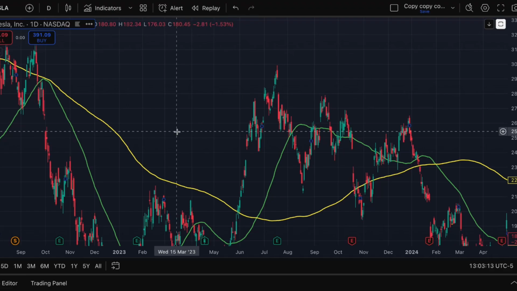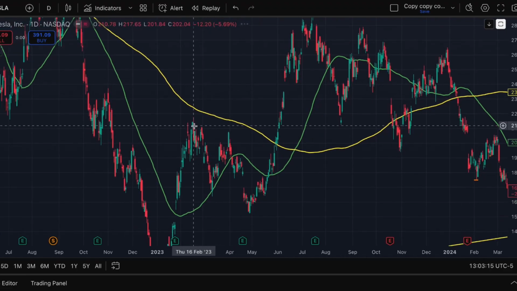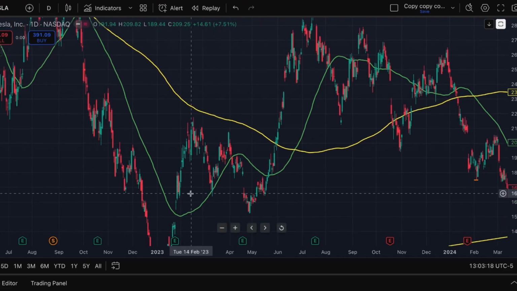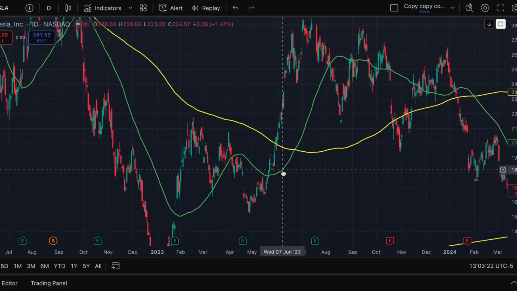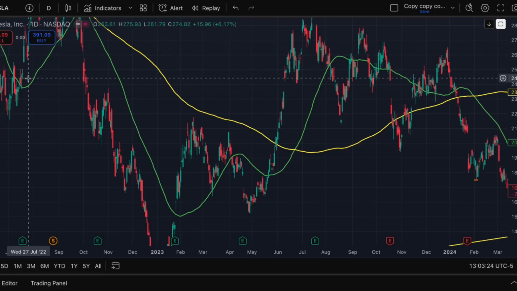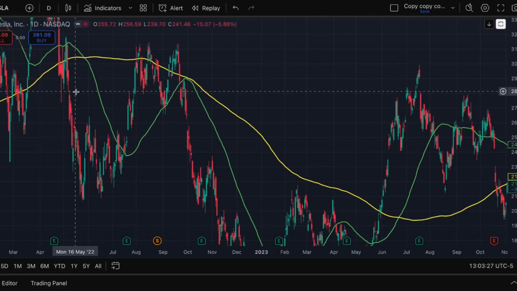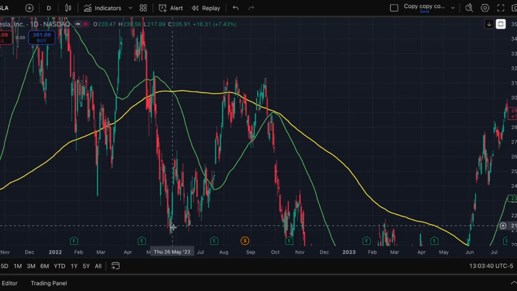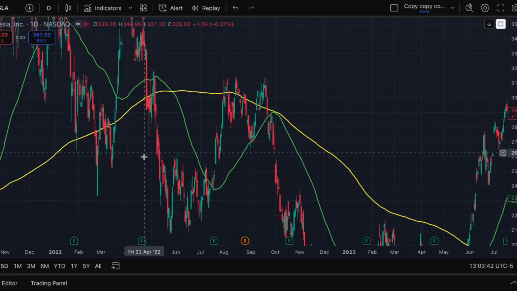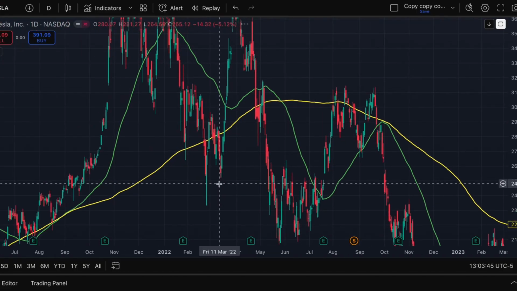But when you're looking at a long-term outlook, like, I want to buy Meta, Tesla, or Amazon for a number of days, a number of weeks, that's where you can get your entries and your exits. If you would have seen this crossover over here, 304, you could have sold your position. Let's say you bought at 200. You could have sold at 300 and then bought back down here. That's pretty much how those work.